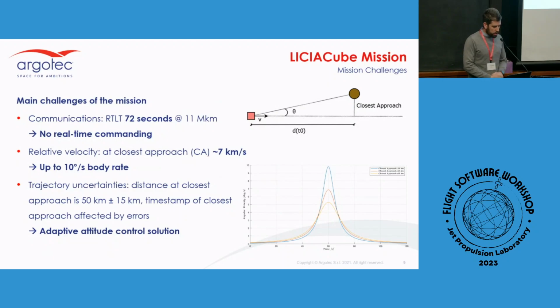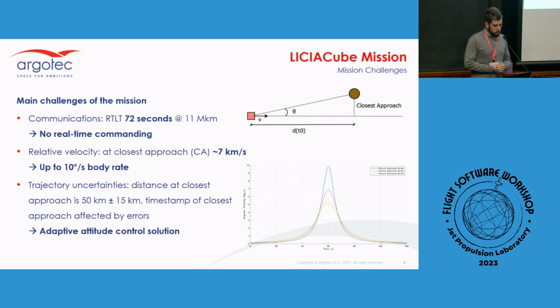Also, maybe the main challenge here is that the DART mission profile was not designed to gently approach the asteroid. At closest approach, we had a relative velocity of about 7 kilometers per second at only 50 kilometers of distance from the asteroid. This translates to a body rate on the satellite attitude of up to 10 degrees per second in order to continuously look at the asteroid during the flyby.